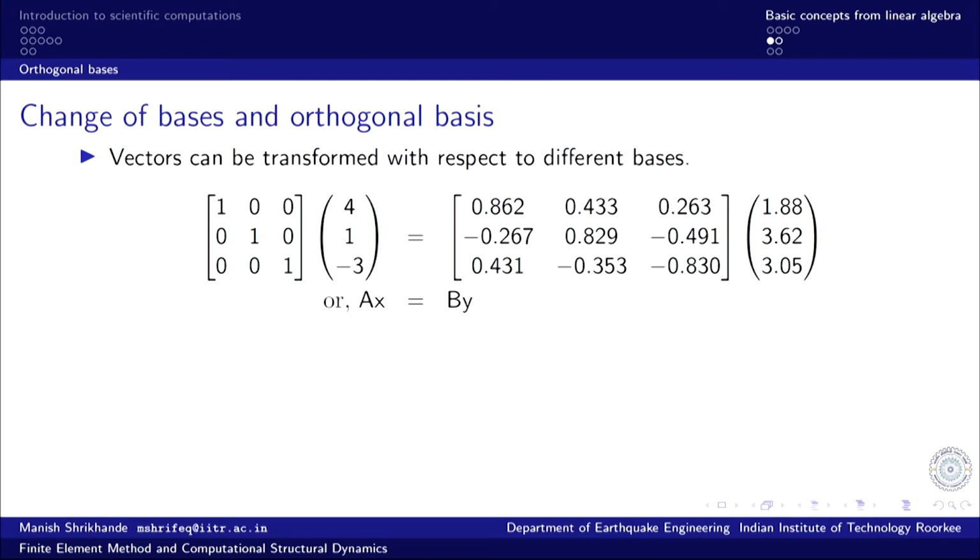4 1 minus 3. So, that is in Euclidean base, and I have another set of vectors and the coordinates associated with that. Both of them are identical, they are referring to the same point, but with respect to different sets of base vectors. Essentially I am referring to the same position, the same point in 3 dimensional space, but with reference to different frames of reference.